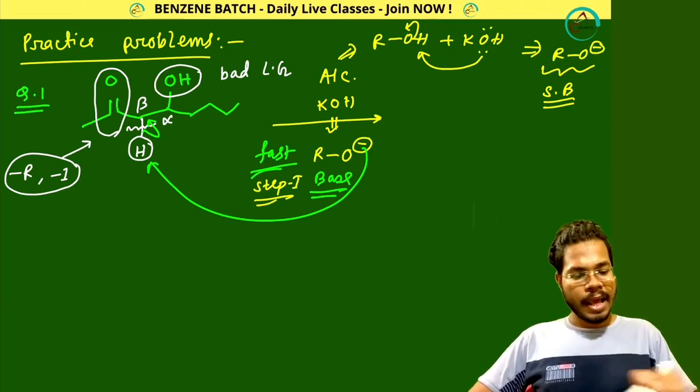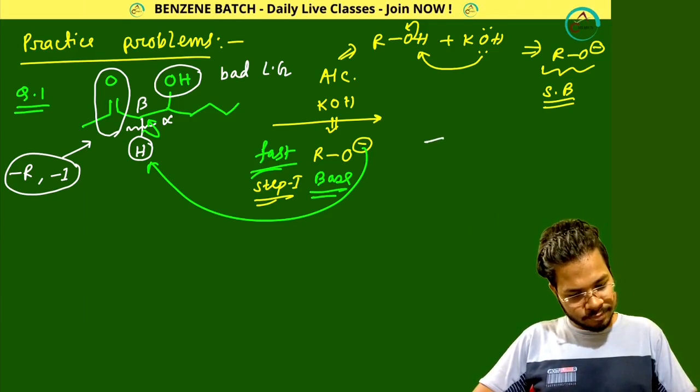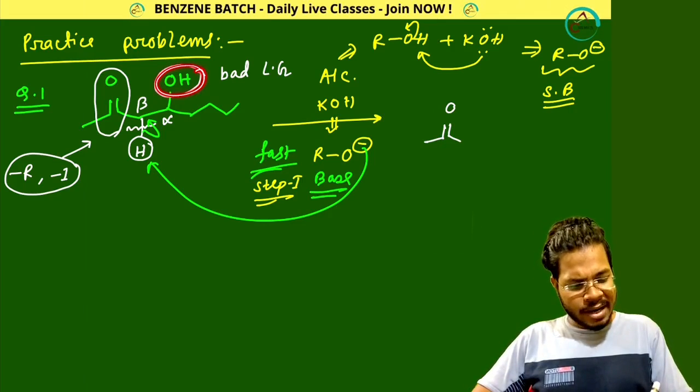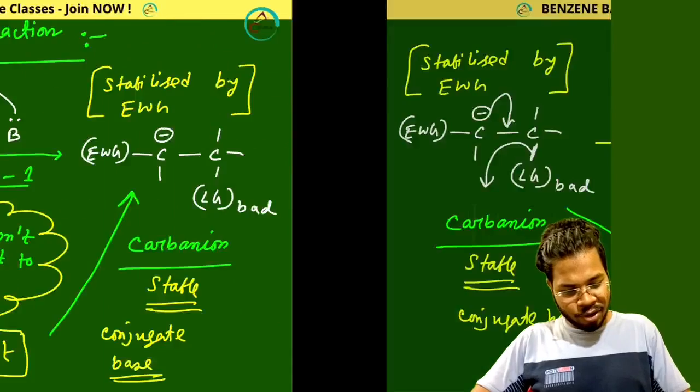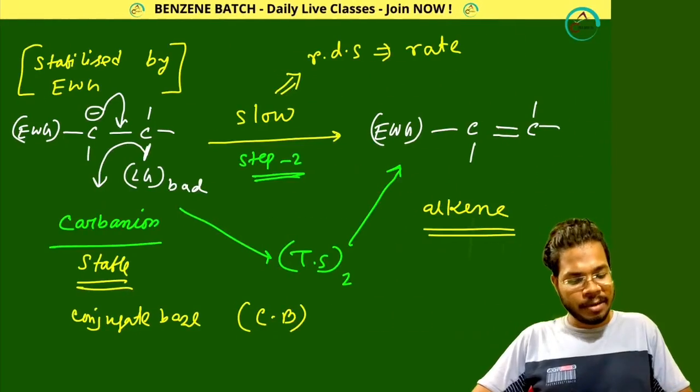After this, as the leaving group is bad, a negative charge will be generated on this beta carbon. Try to remember the mechanism. The negative charge will be present over here, forming the intermediate.